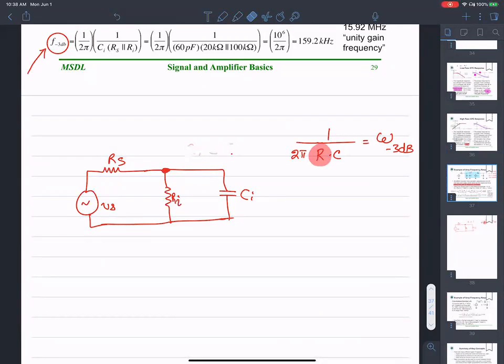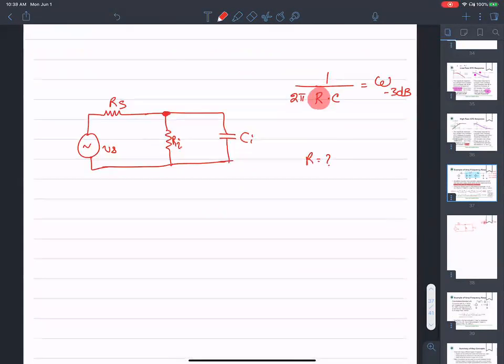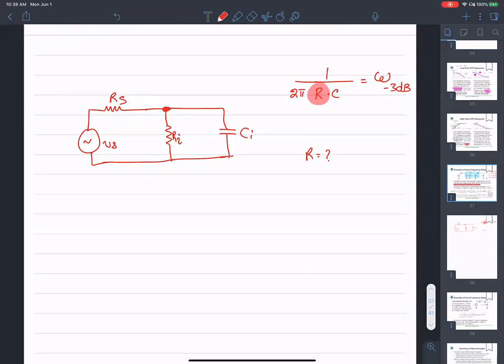Your goal is to find the equivalent resistance here and the capacitance. The capacitance is straightforward. You can see that capacitance Ci over there. How do you find the resistance? Earlier I mentioned that you have to make the independent sources 0.